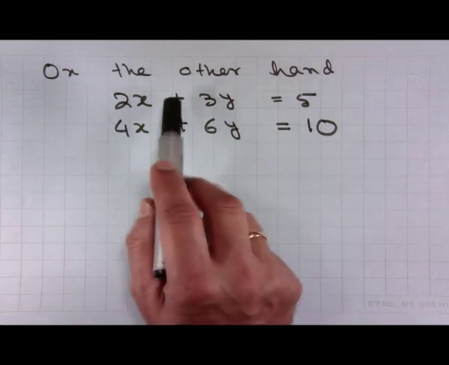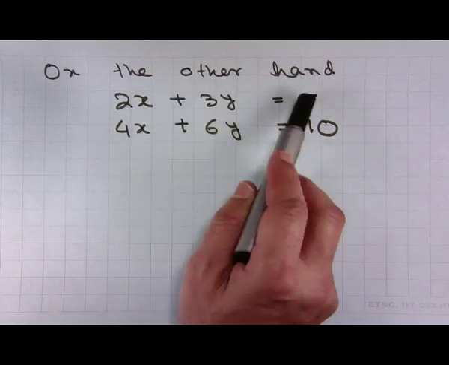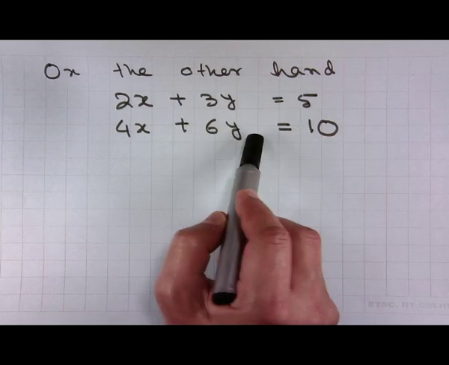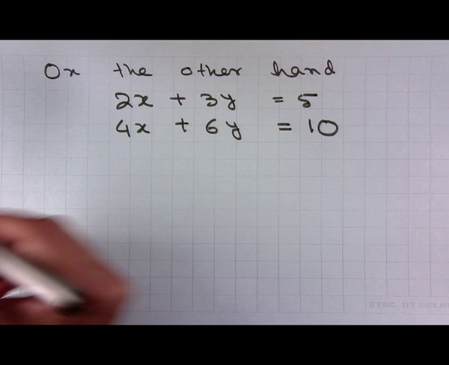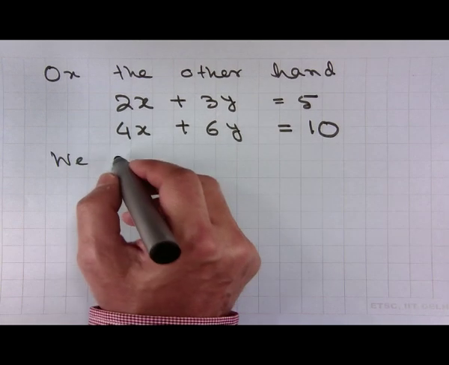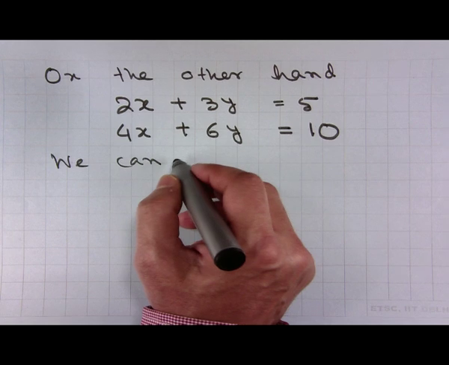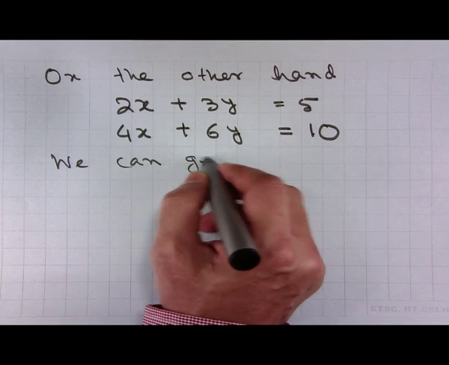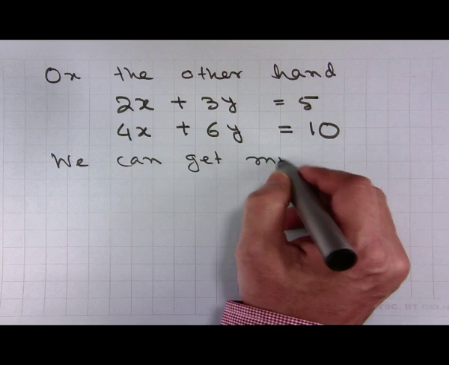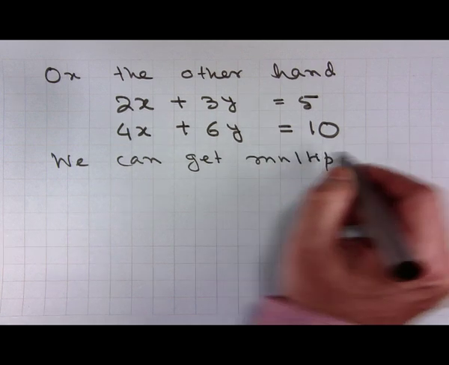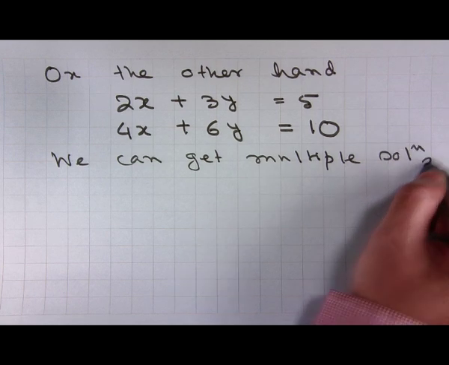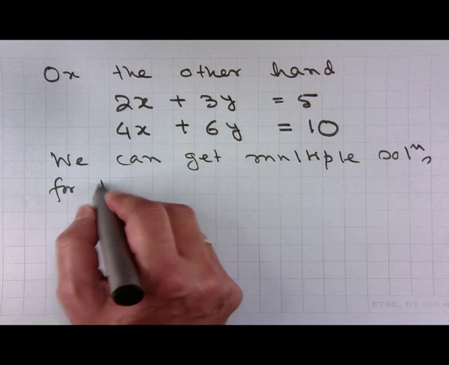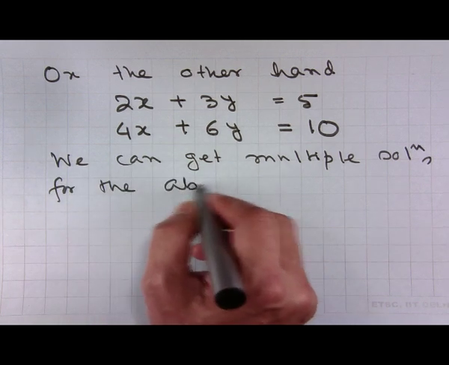Since multiplying this equation by 2, we get the second equation, we can get multiple solutions for the above system of equations.